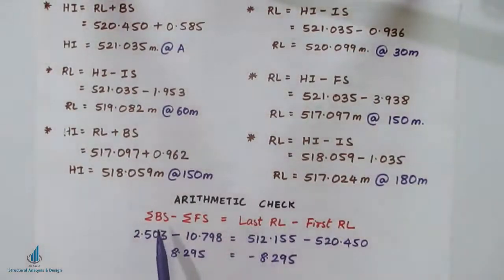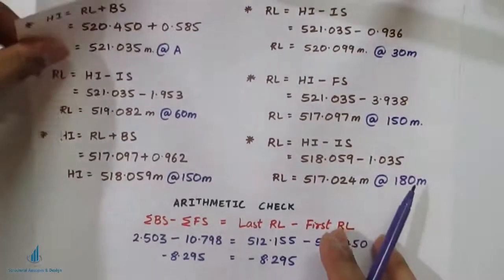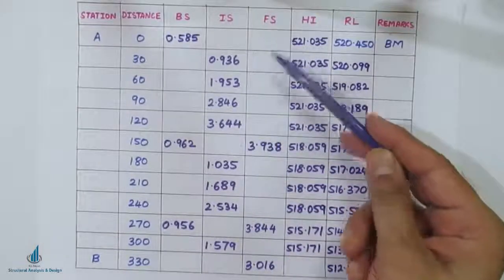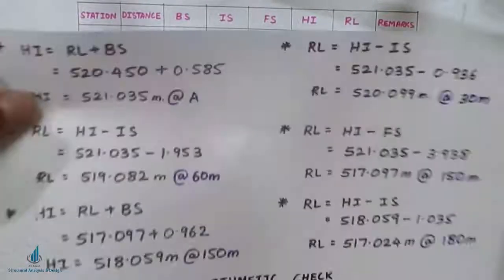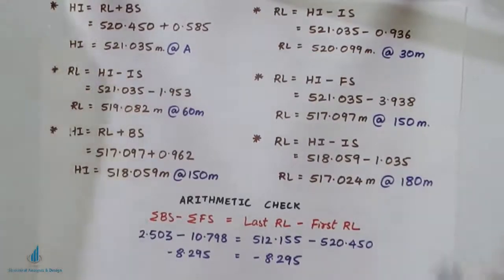So if you do the summation of backside and the summation of foresight, you will be getting the values 2.503 for summation backside, and summation foresight is 10.798, last RL was 512.155, and the first RL was 520.450. You should be getting the same values.